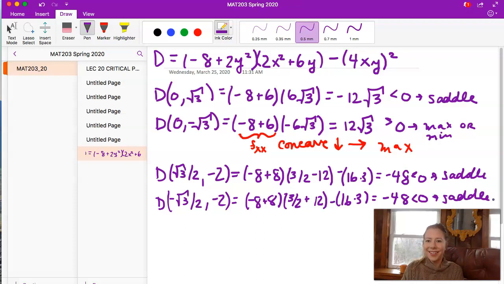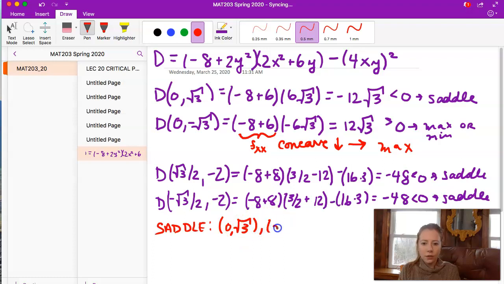All right. So our answer would be that we have saddle points at 0, the square root of 3, and the square root of 3 over 2 and minus 2, and minus the square root of 3 over 2 and minus 2.